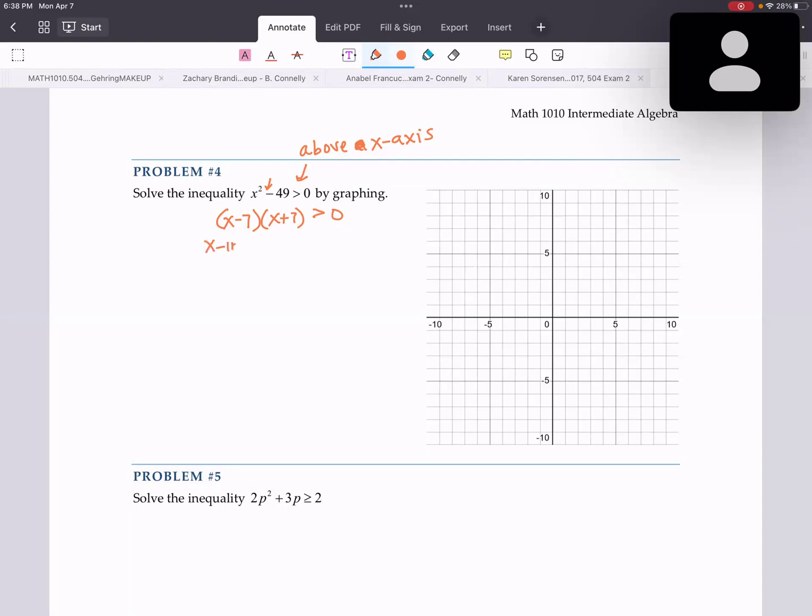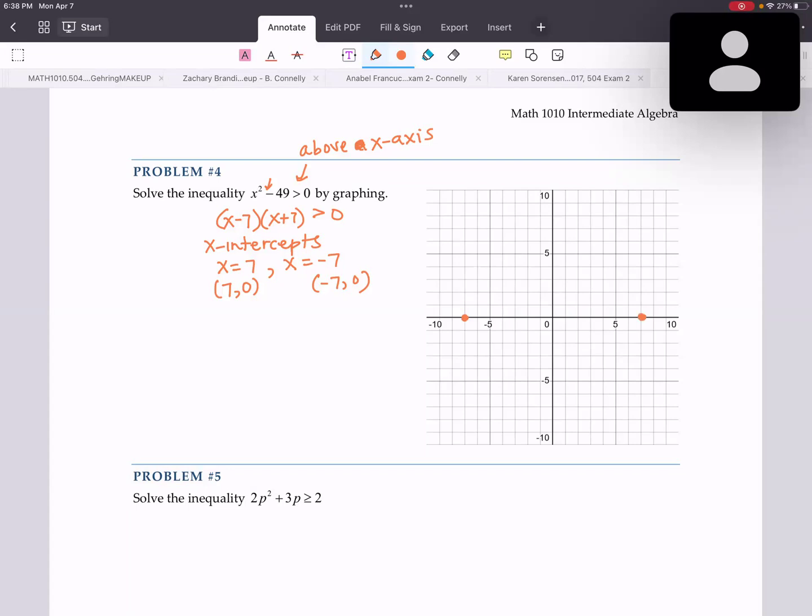Our x-intercepts are going to be at x equals 7 and x equals -7, or in other words, 7, 0 and -7, 0. So let's go ahead and graph those on here.